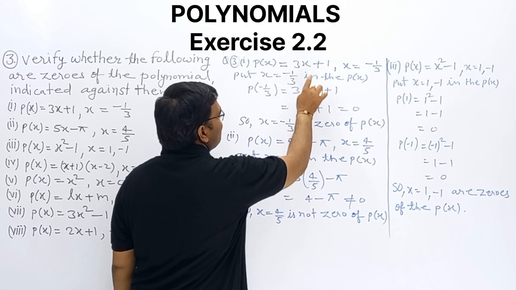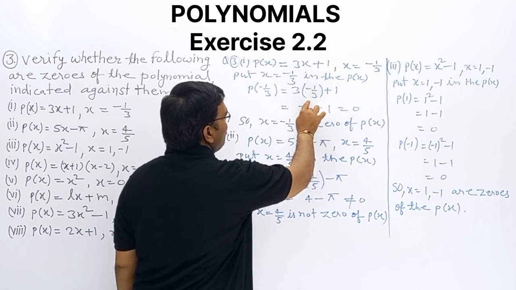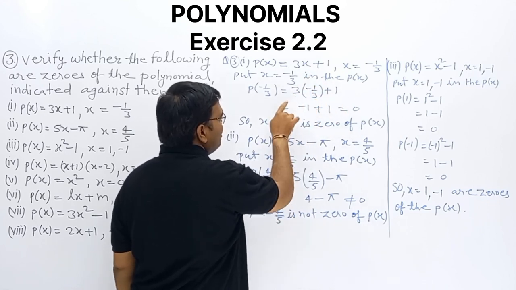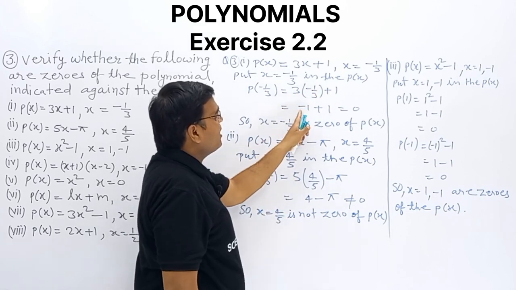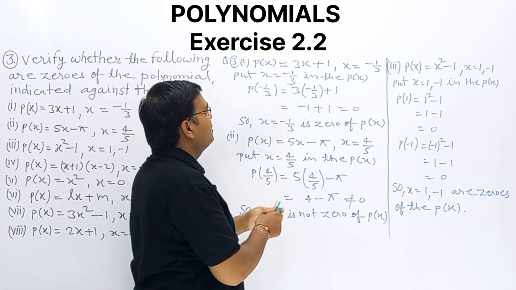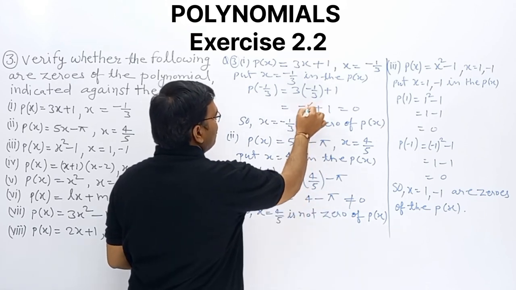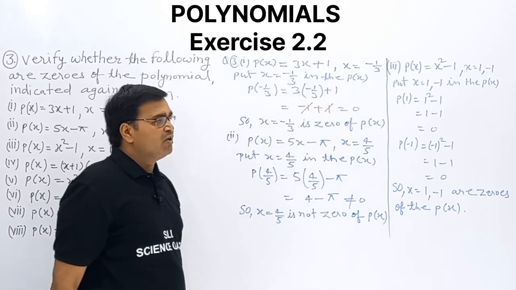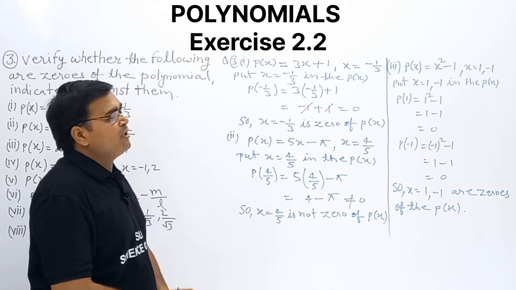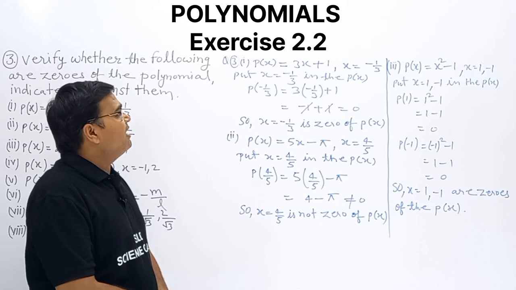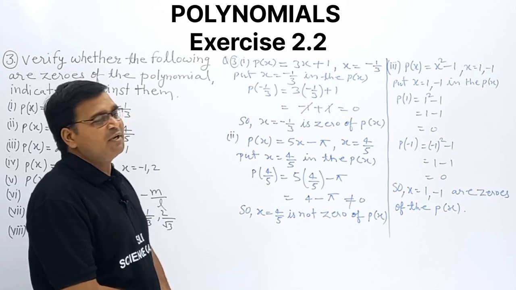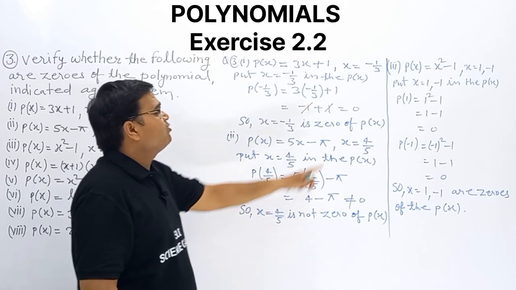In place of x we put minus 1 by 3. 3 times minus 1 by 3 plus 1. We solve this. Both are in multiplication, so we cancel 3 and 3. We are getting only minus 1. Minus 1 plus 1 will be what? Once we add both, we get 0. So when we put x equal to minus 1 by 3 in the polynomial 3x plus 1, we are getting 0.